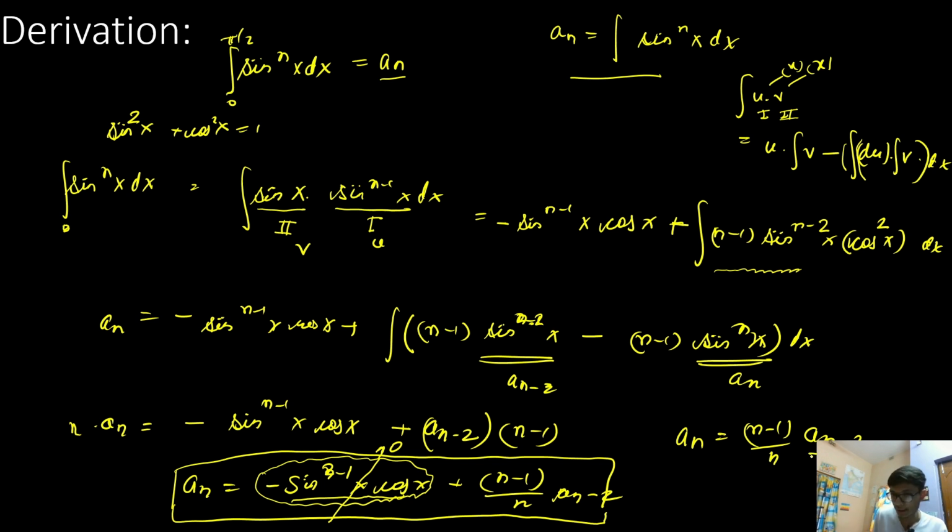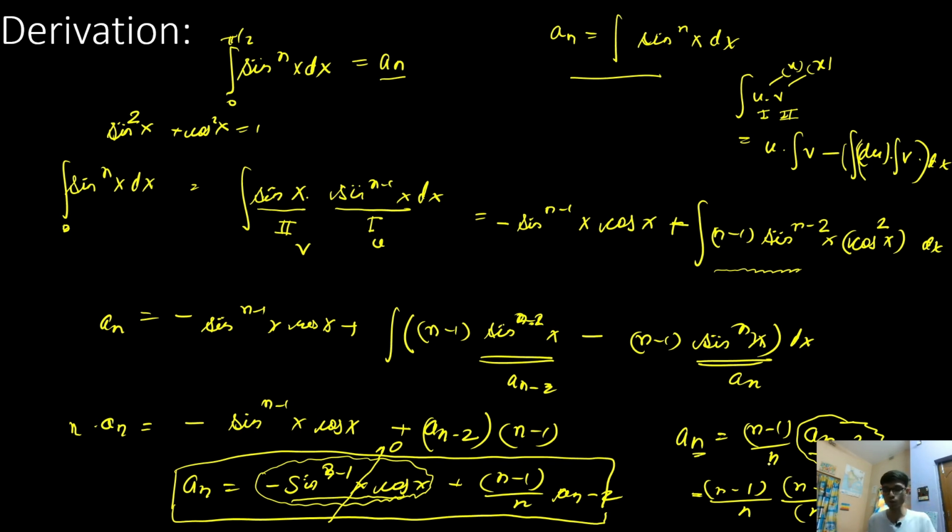And if I go on again, what do you see here? जब A of n है ना, तो ऊपर पार्ट वाला में n minus 1 आ रहा है और नीचे में n आ रहा है. So if I again go on and repeat this over here, what will I get? n minus 1 divided by n, and over here एक से कम कर दो इसको, तो n minus 3 divided by n minus 2, and I can write this as A of n minus 4, because the index reduces by two each time.